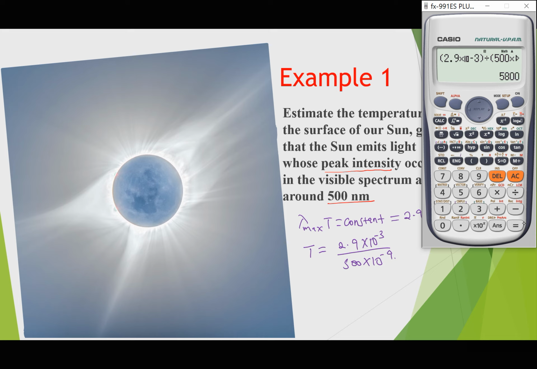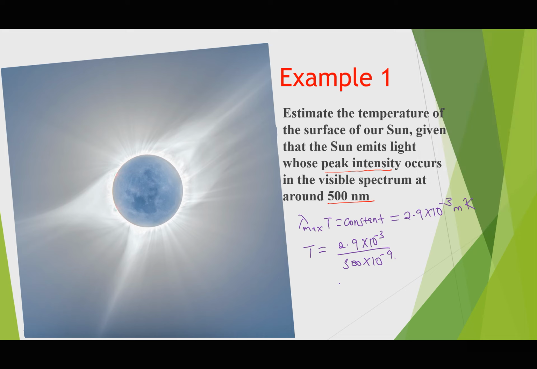So this is 5,800. Of course, the units are Kelvin, not kilograms. So it is 5,800 Kelvin. That is going to be the surface temperature of the sun.